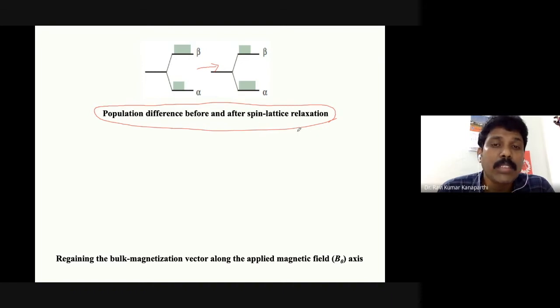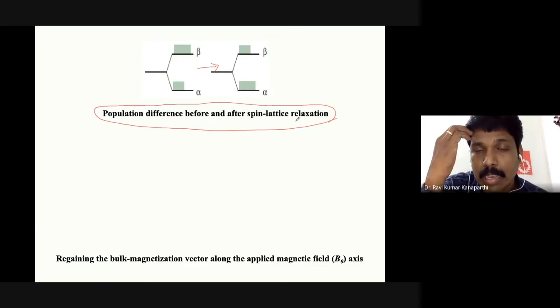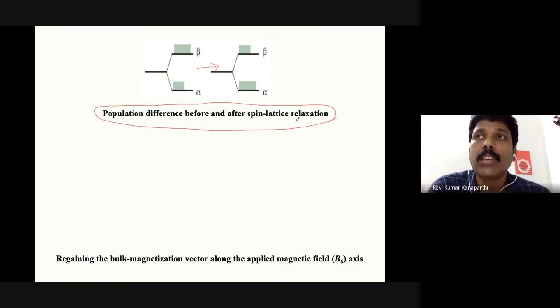So there are two ways in which the spins can come back to their original position. One is through the longitudinal spin relaxation process, or the spin-lattice relaxation process. To understand this, it is very straightforward: you have to understand what exactly happened after applying the RF pulse. After applying the RF pulse, we have a transition. Alpha spins made a transition to the beta spin state.